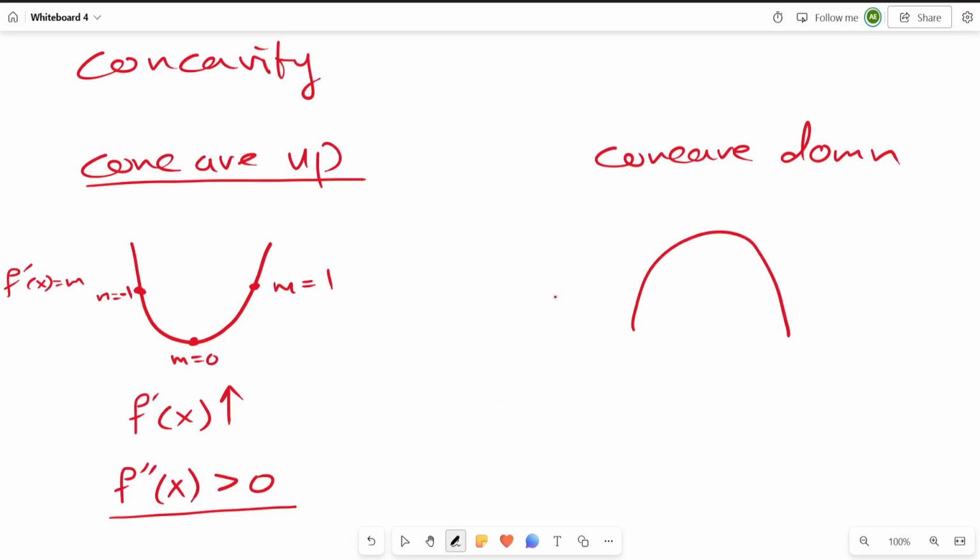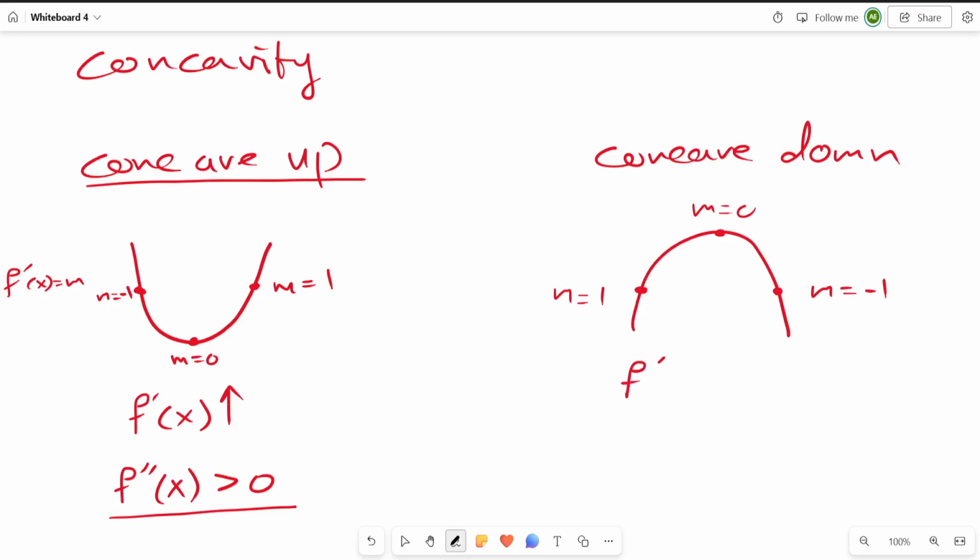And on the other hand, it is the same idea for concave down. So right here, we had a positive gradient. Let's say m was equal to 1. Here, m was equal to 0. And here we have a negative gradient, m equals -1. So as we can see from here, the gradient is going from 1, decreasing to 0, and then to -1.